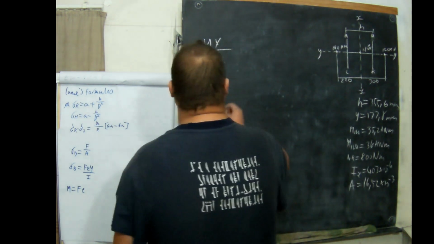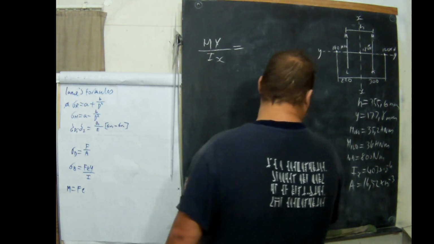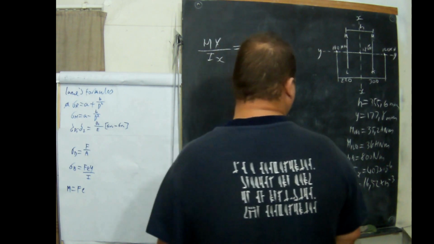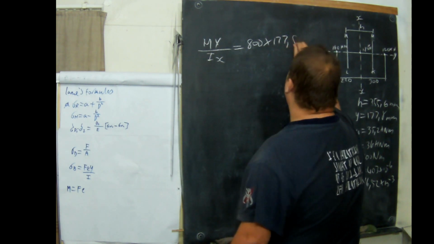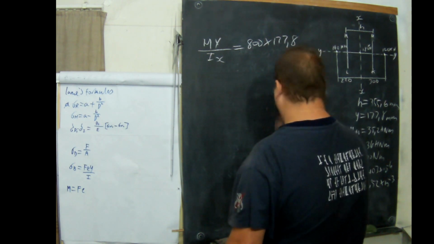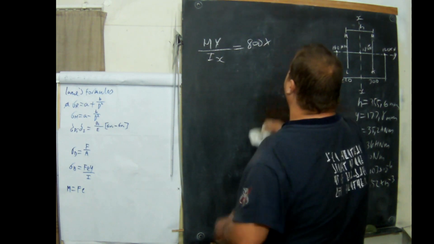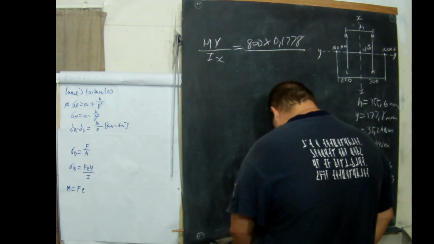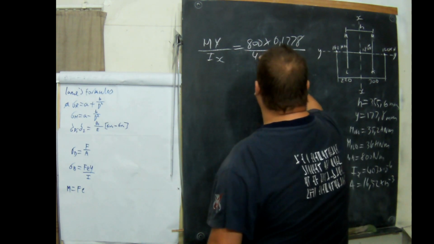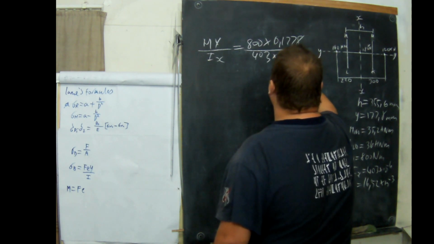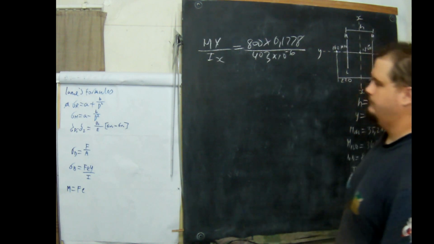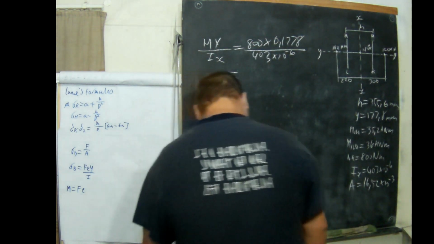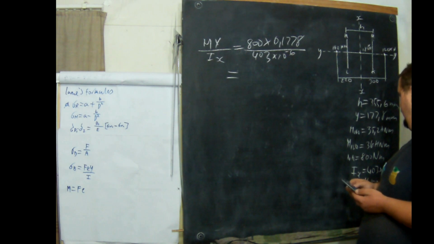So let's go for the bending stress, B, equals M, which is 800, times Y, which is 0,1778, all over IX, which is 403 times 10 to the minus 6.